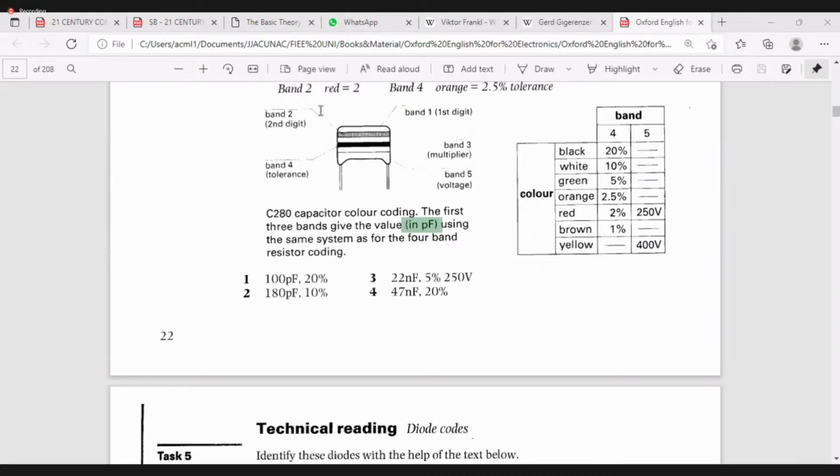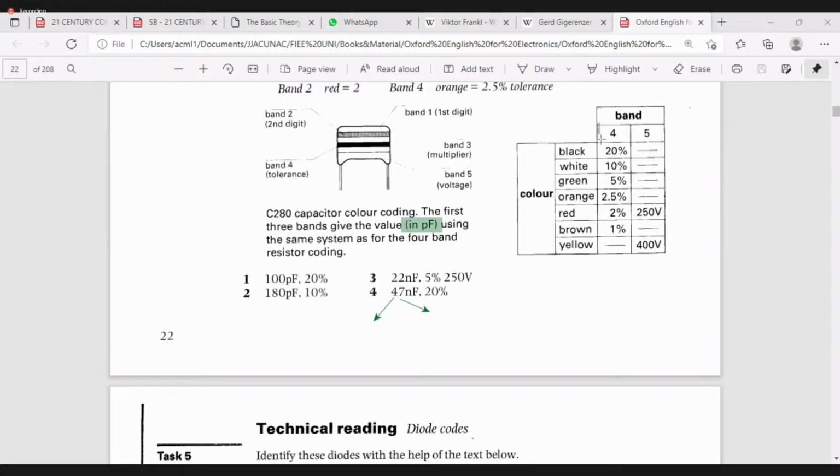Teacher, I have a question. Are the colors always the same in all cases, I mean, the meaning of the colors for resistors and capacitors? Yes, the colors that correspond to the value are the same.